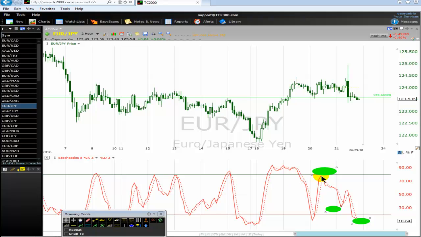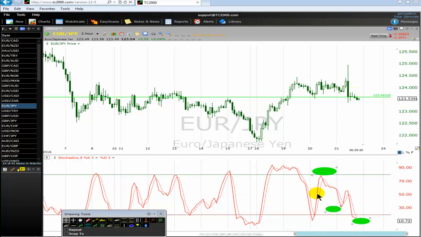For this demonstration, this is one of the stochastic patterns. As I explained, we have 13 specific stochastic patterns, and this is a bullish pattern.